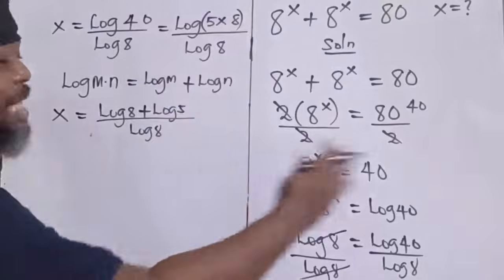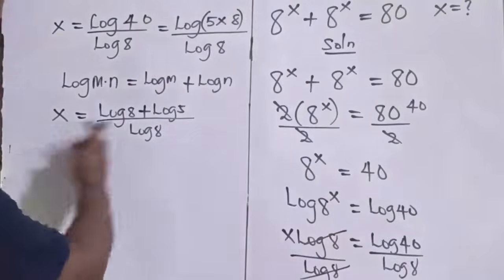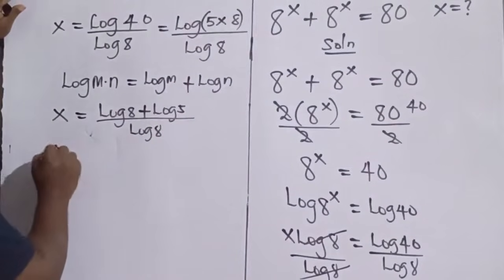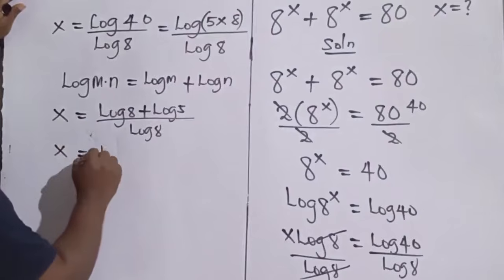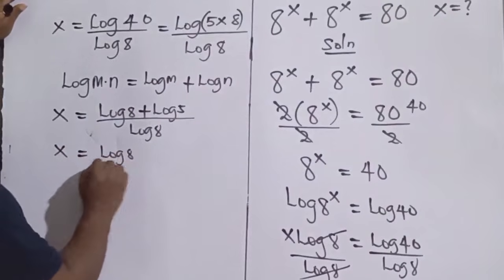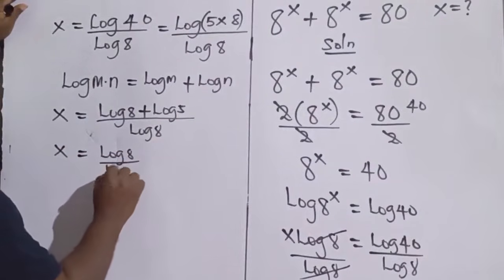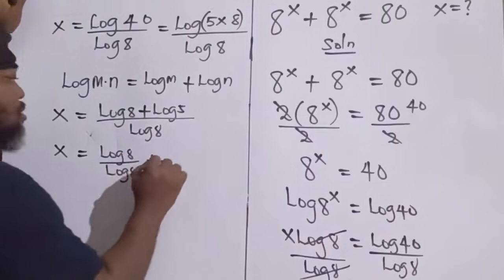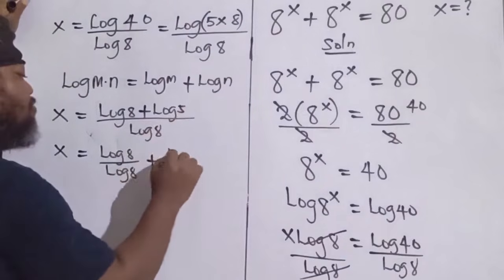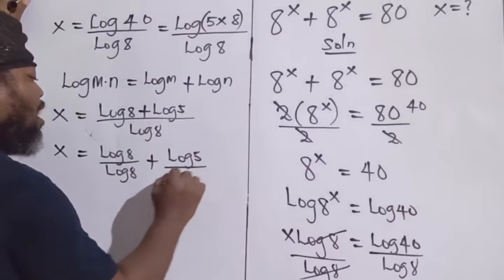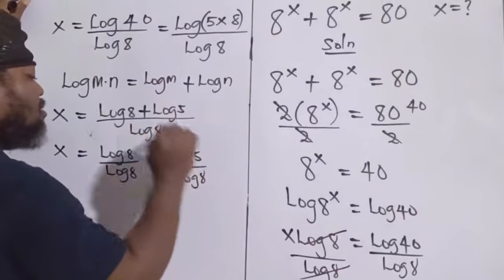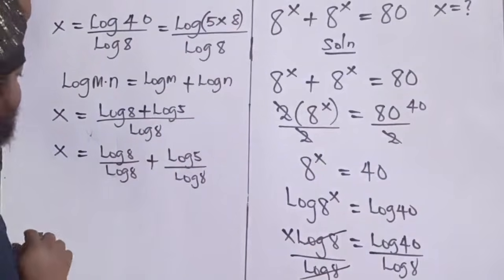I will now distribute it, that is, x is equal to log 8 over log 8 plus log 5 over log 8. Using the LCM idea, this is now 1.